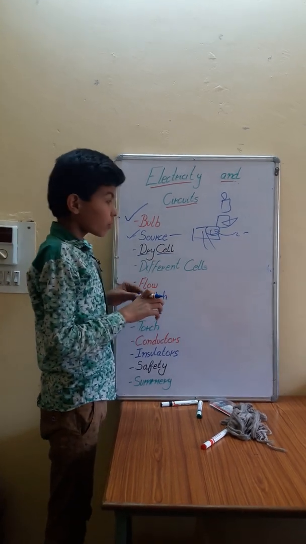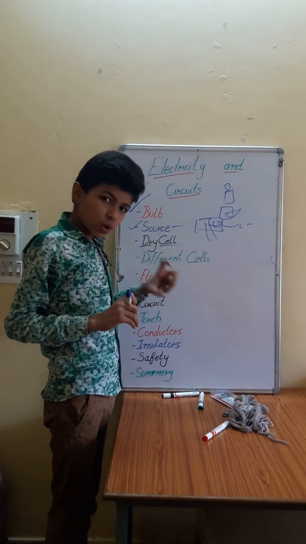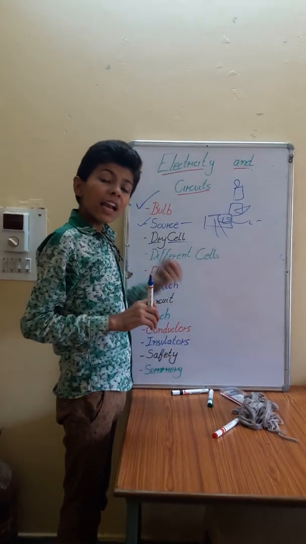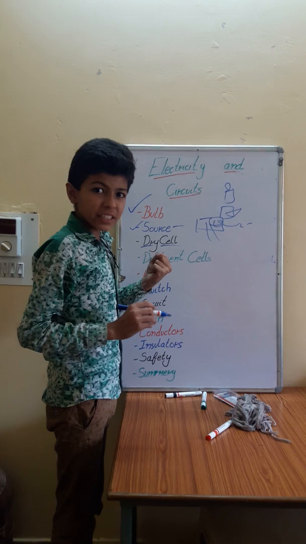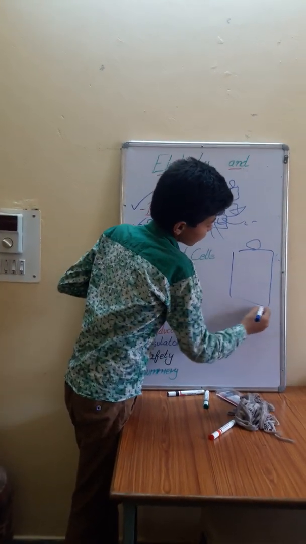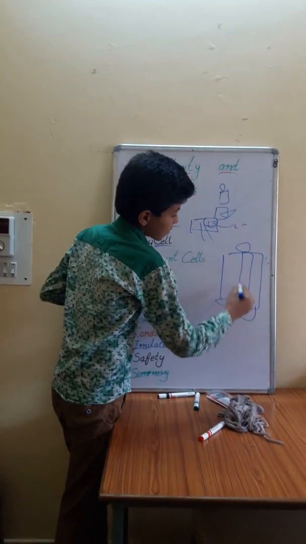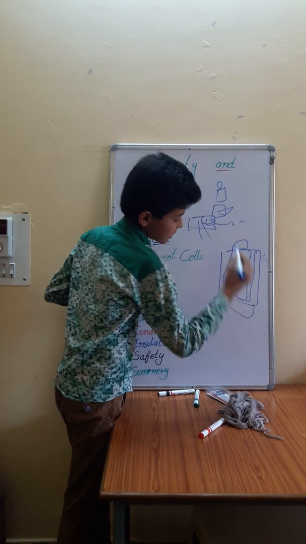Dry cell. What is a dry cell? A dry cell is a source of electricity, which produces electricity. This is roughly a diagram of a cell.